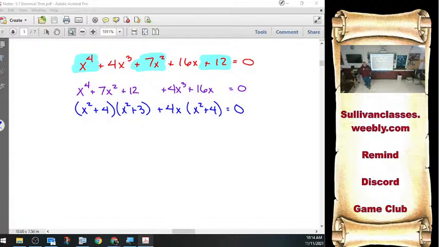Follow it so far? You rearrange it so that the stuff I'm going to group together is in their groups. You factor them almost as if they were separate. Because now I see that you got an x squared plus 4, and you got an x squared plus 4. So when I factor it out, I have an x squared plus 3 and a plus 4x.